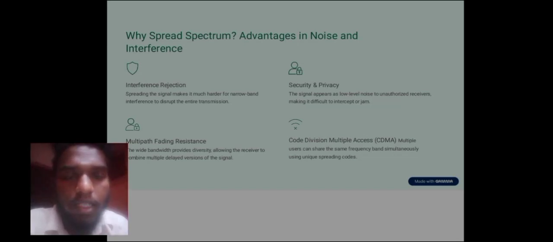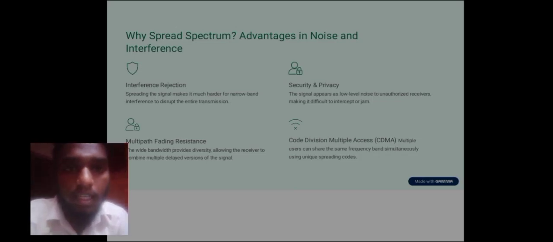And the fourth one is code division multiple access. Code division multiple access is the data transmitting method using a specific code. Already I said in the spread spectrum we can only despread the information by using the specific code. So we can share the information in the same frequency or same channel by using the specific code.